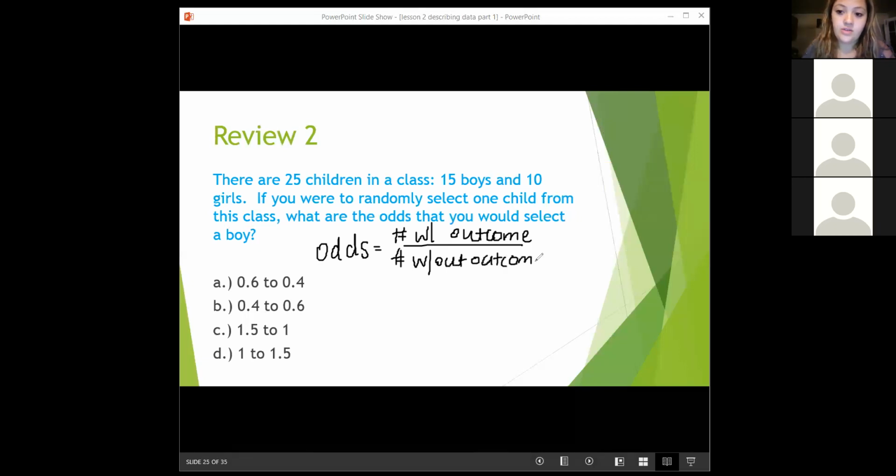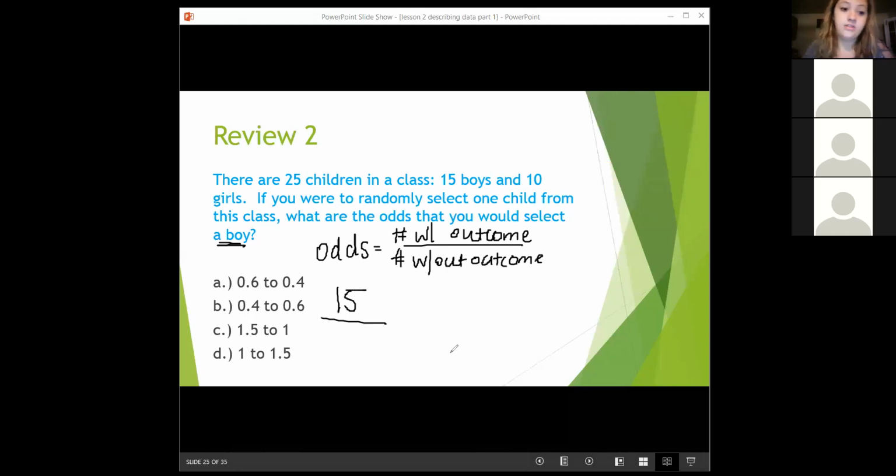So if we look at this one, we're looking at the odds that you would select a boy. So our number with the outcome is going to be the chance that you would select a boy, which would be 15. And then for the odds, remember, our denominator is the number without the outcome. So that's everything, think about it as a complement, everything except for the boys. So that would be the 10 girls, everything that makes up the 25 children.